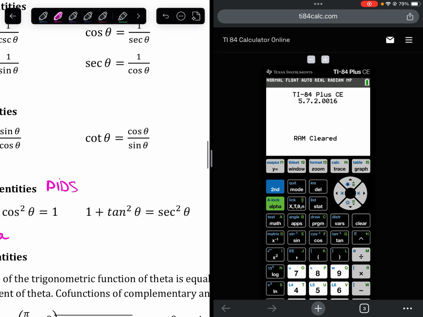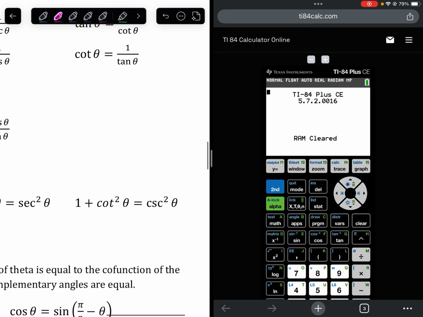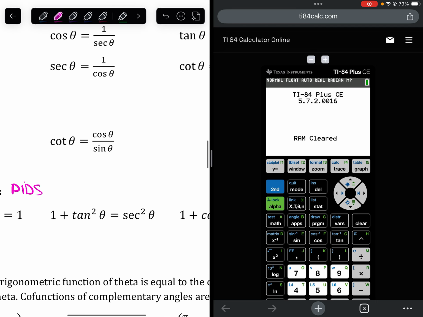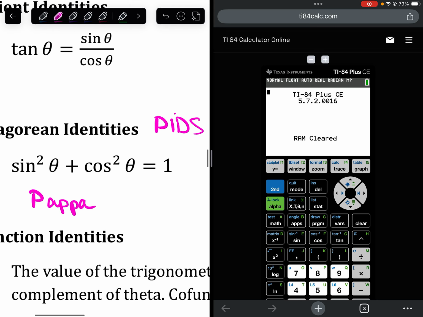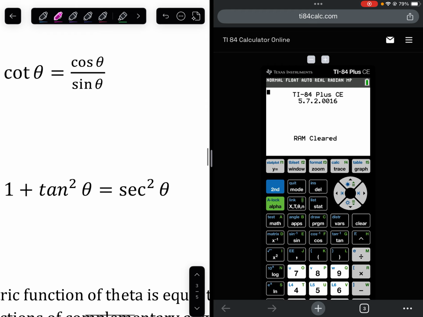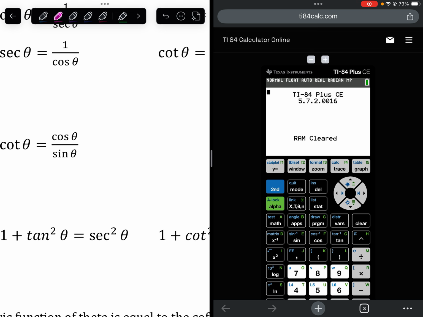So 1 plus tangent squared of theta equals secant squared of theta. And 1 plus cotangent squared of theta equals cosecant squared of theta. The reason I call them baby PIDs is because if you take Papa PID and divide everything by sine squared, or divide everything by cosine squared, you generate these two identities.